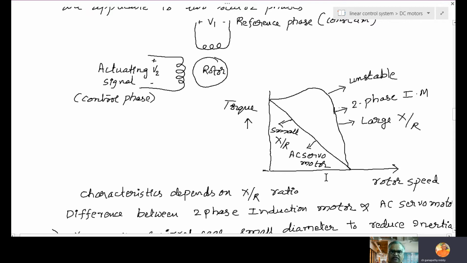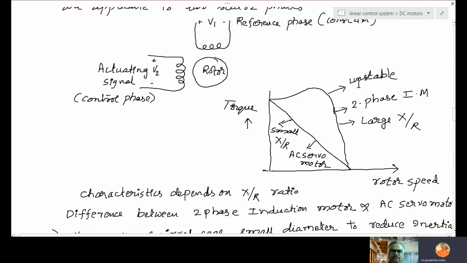Why is it unstable? Generally, when speed is increasing, torque will be reduced. Normal conditions: in any motor, when you apply a load, speed decreases. When speed is decreasing, torque should increase, and only when torque is increasing will it bear that load. But in the two-phase induction motor, in this portion, when speed is increasing, torque is also increasing.